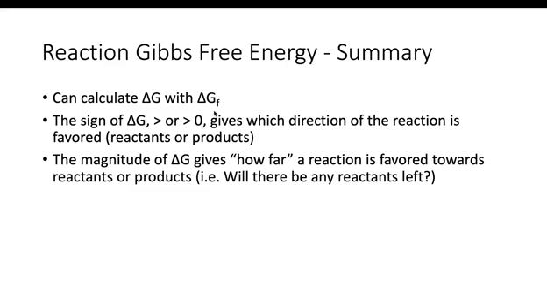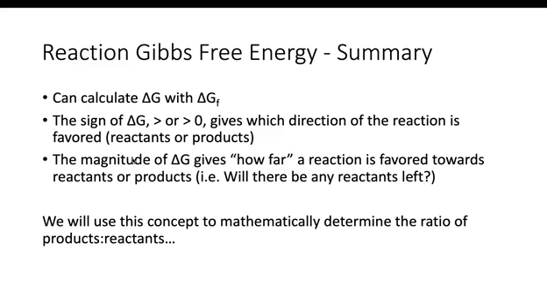Depending on the delta G, we may have all of the reactants disappear and go completely to products, or we may have all reactants and no products. So the question of whether there will be any reactants left, or how many products there will be, depends on the magnitude of delta G. We're going to use these two principles to develop a ratio of products to reactants based on delta G. That will come about next time.